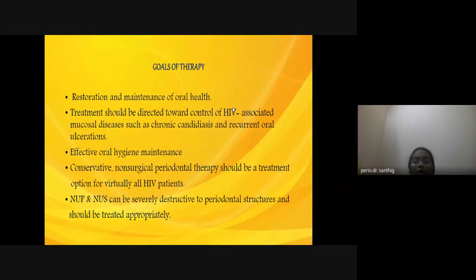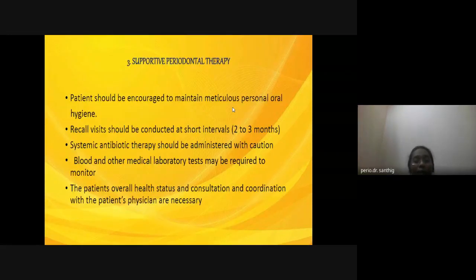So you should not do more extensive surgical procedures; only conservative non-surgical therapies you will give for those patients. The patients may have necrotizing ulcerative periodontitis and gingivitis, and based on the treatment protocol for those conditions, we have to give the treatment.